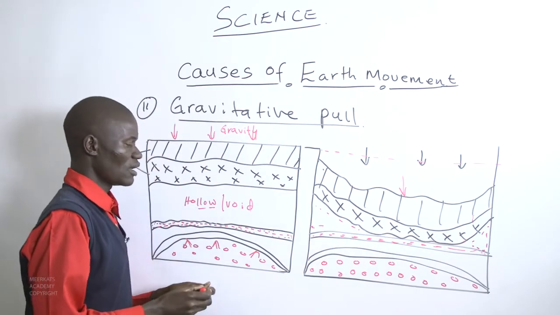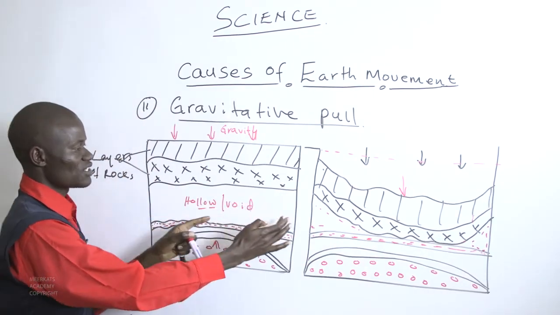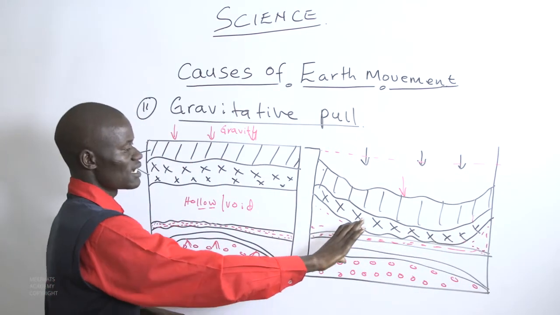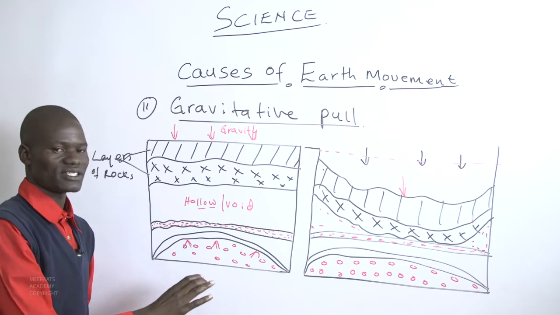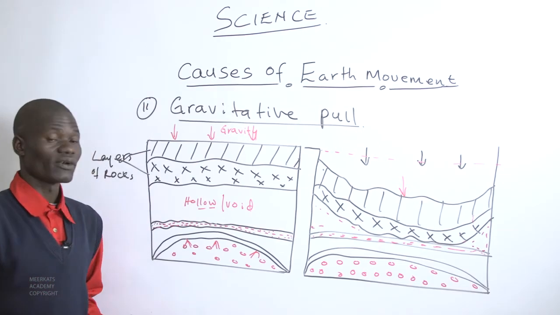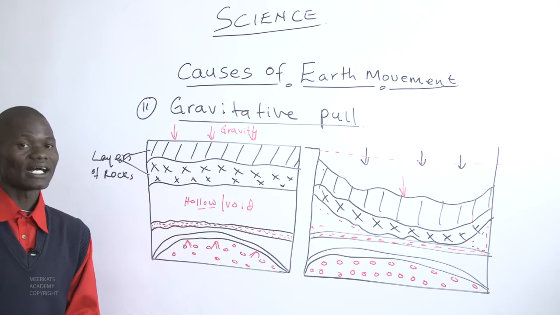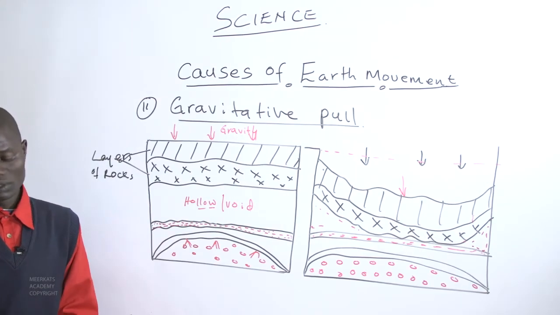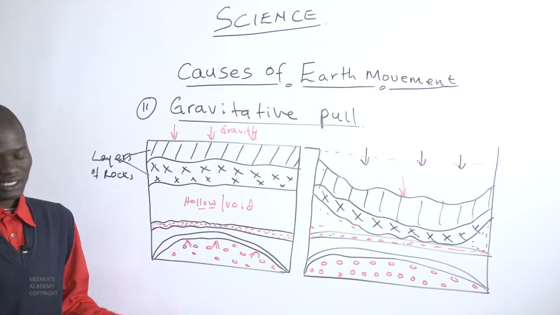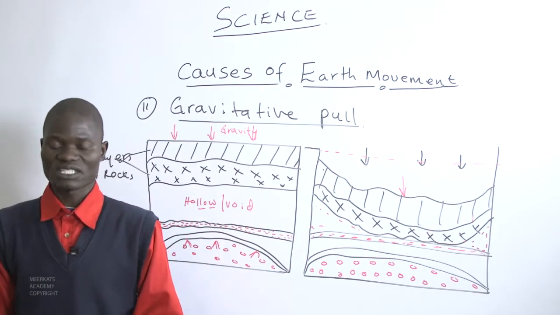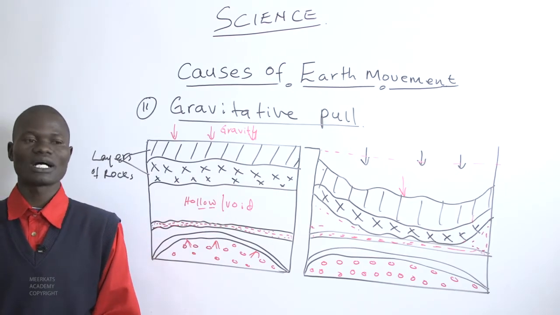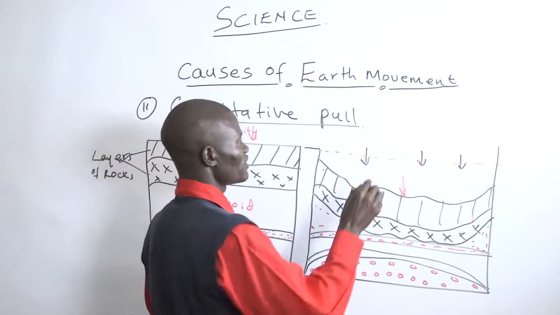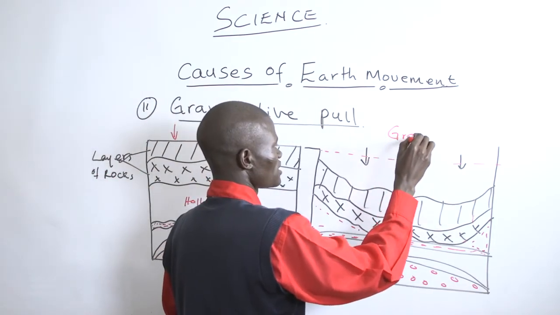The empty part has now been filled, and this has destabilized the crustal layers of the earth, and therefore it has caused an earth movement to occur. This is how it is. The force of gravity pulls almost all objects towards the center of the earth, and this is the gravitational force that is represented here.